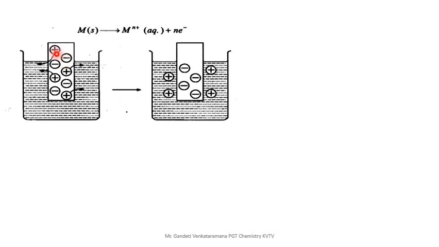These metal ions pass into the solution, meaning they are coming out from an electrode. When they come out of the electrode, what is left there? Excess electrons are left.